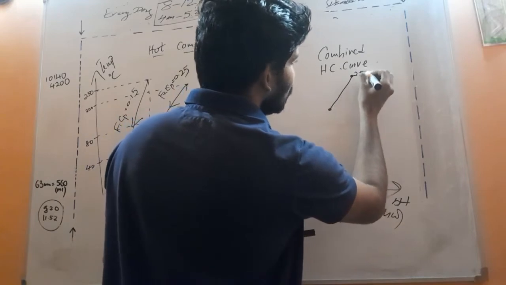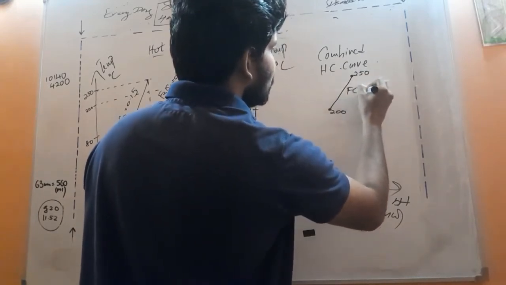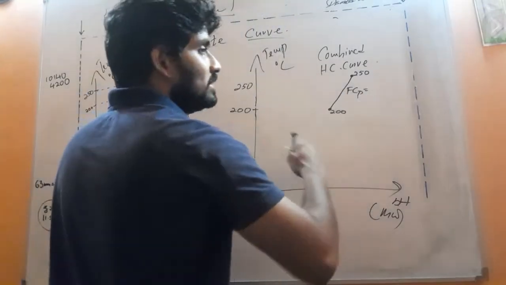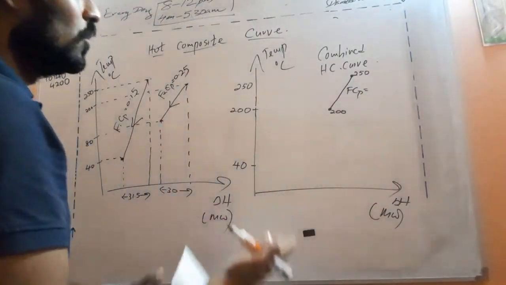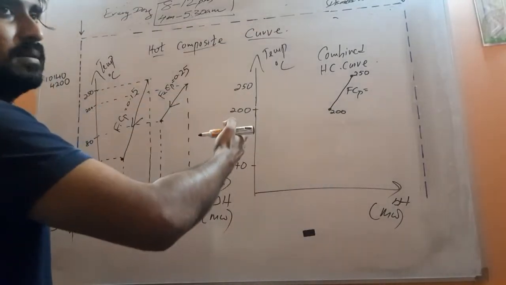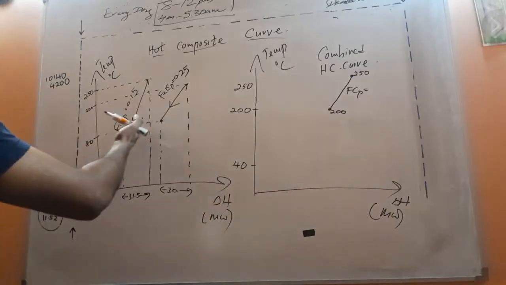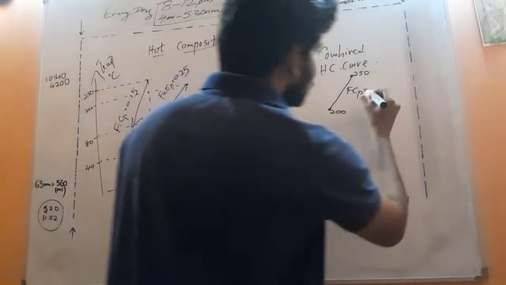250 to 200. What is FCP? FCP value is defined from the original curve that you are going to relate this journey. So what is the curve you are going to relate this journey? It is only this curve. So FCP value is 0.15.